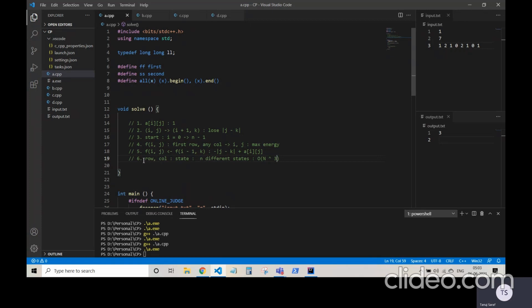The entire DP table would be n cross n because we want to find the answer for each row and column, right? Because f(i, j) depends on the previous value. If we know the value of the previous row, then we can compute this. So we have n square states to compute, and from each state I have n possible transitions. If I was iterating over each k, that would be order n, right? So we have order n square into n, which is order n cube.